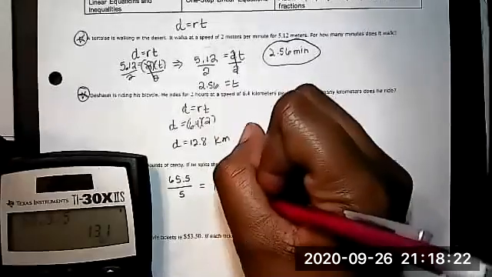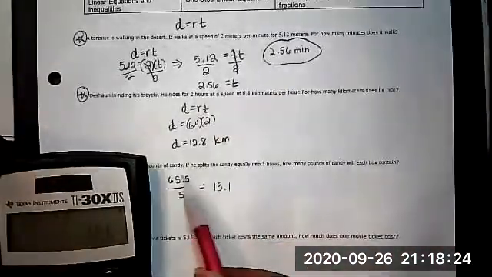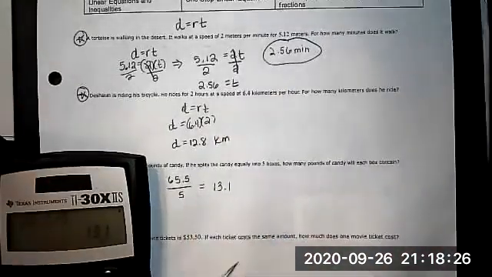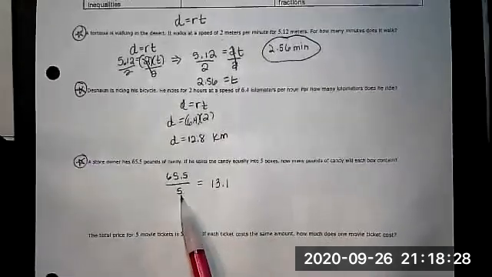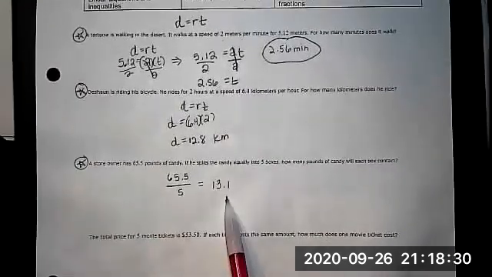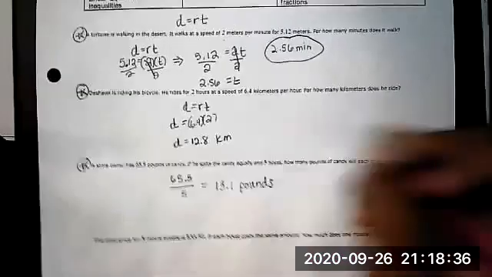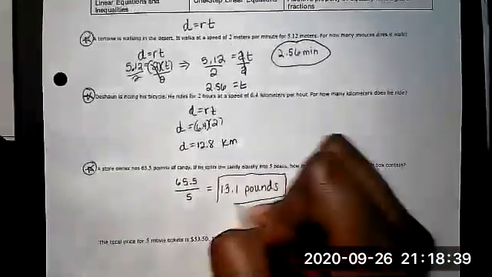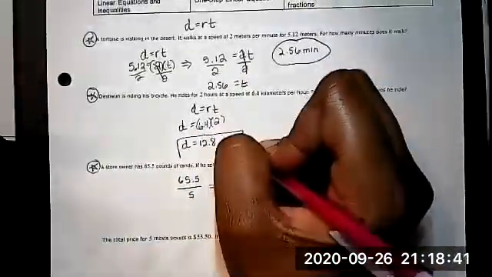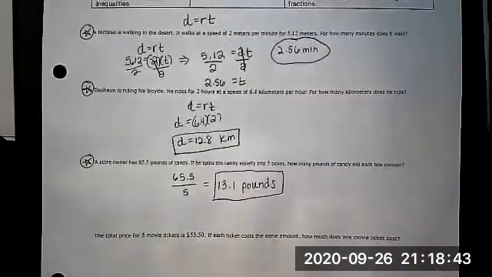So basically, once I had a total of 65.5 pounds, if I split them into 5 boxes, I'll have 13.1 pounds in each box. Okay, that's my answer there. And I did want to put a box up there to show you that's my answer.